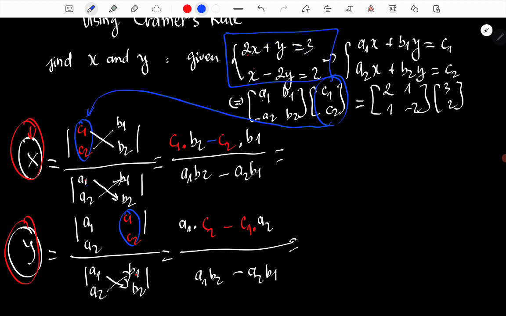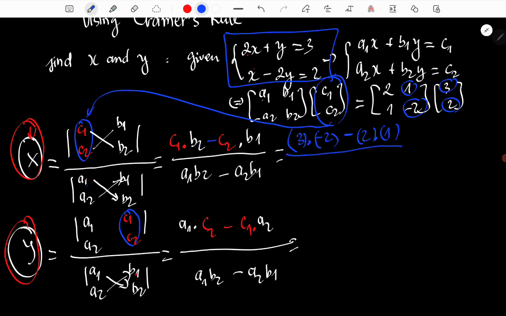Okay, and now we can plug in the numbers of these two equations. So c1, look at here, c1 is 3, so we have 3 times b2 is -2, minus c2 is 2 right here, I put it into brackets so it's more clear, times b1 which is 1 right here, right?